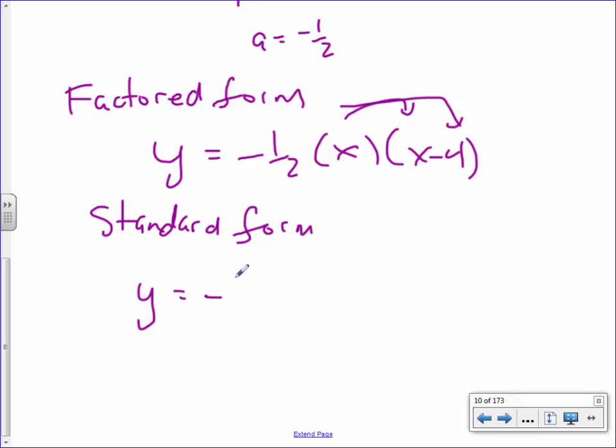If you're done with that, it should hopefully look like negative 1/2 x squared plus 2x, I think is what it should be. Because you're going to do x times x to get x squared, and then also times it by negative 1/2. And then you're going to do x times negative 4, which would be negative 4x. But then you have to times it by negative 1/2, so the double negative makes it positive, and 1/2 of 4 is 2.